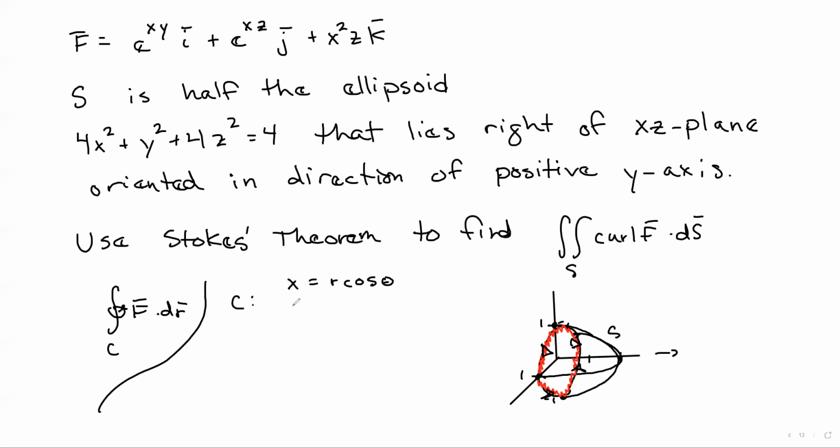And normally we would do y equals r sine theta, but instead we could do z equals r sine theta. And then we've got x squared plus z squared equals r squared, and although you rarely use it, tangent theta equals z over x. So we use our polar coordinates.